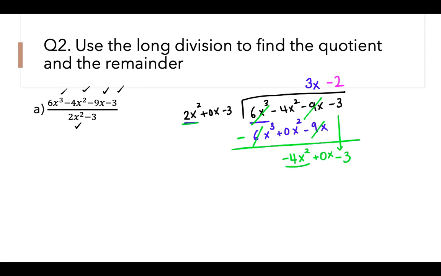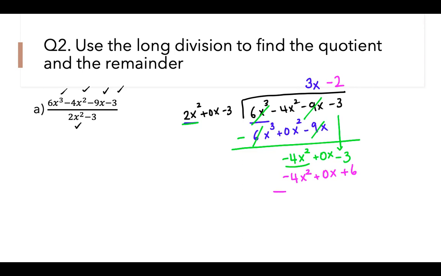Negative 2 times 2x squared is negative 4x squared. Negative 2 times 0x gives me plus 0x. And then negative 2 times negative 3 gives me positive 6.